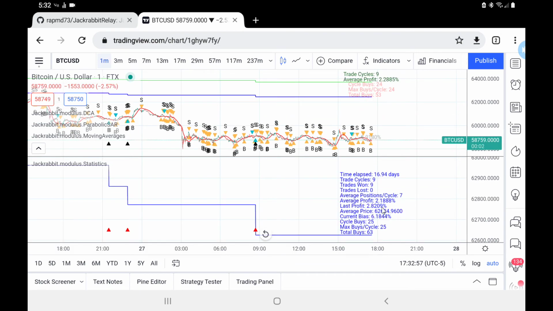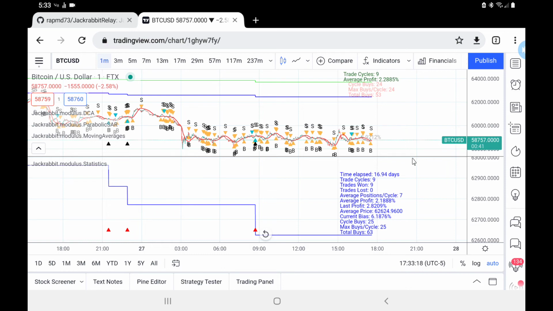BTC is another example. Max buys per cycle is a little high, and it's at its height right now. But 9 trade cycles on a 1 minute period. 18% of your single position.